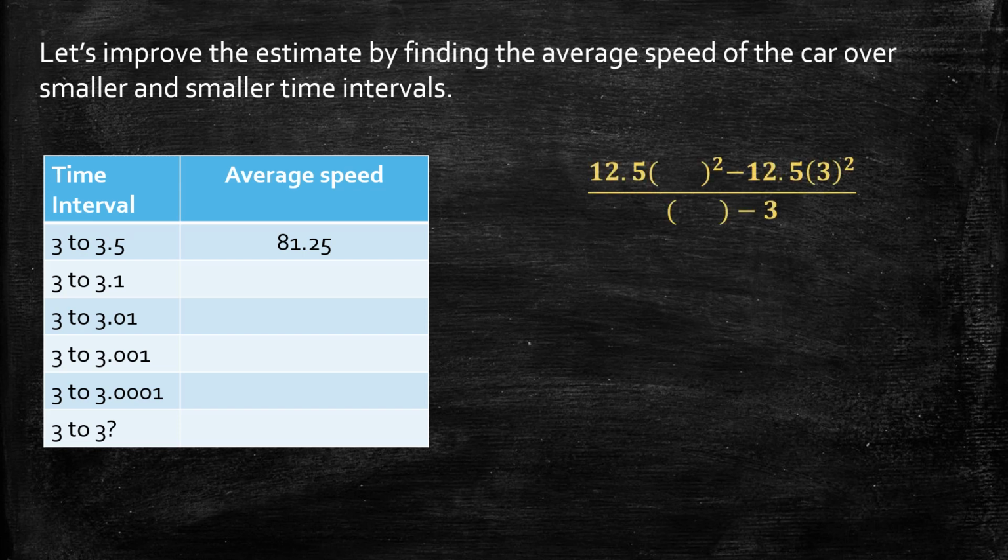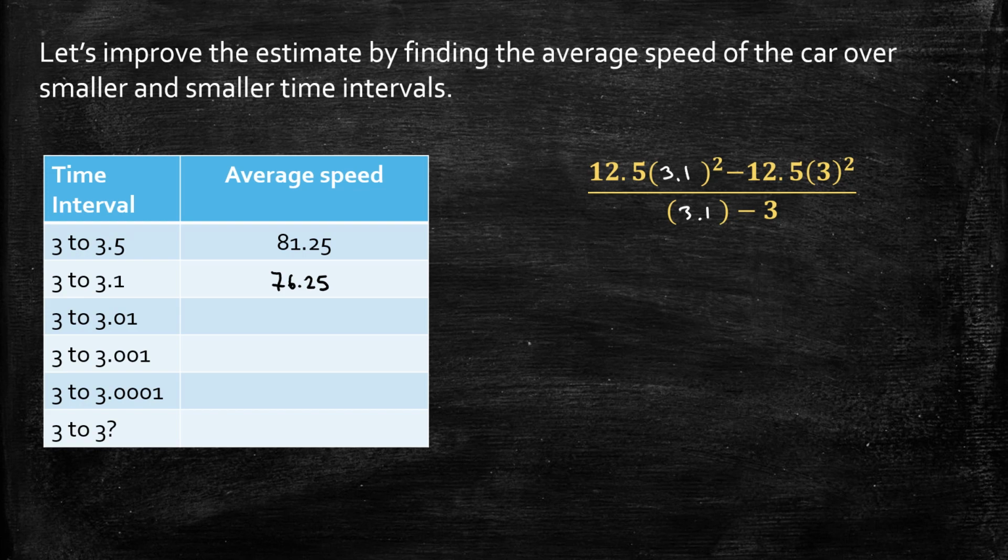So I'm just going to call up that formula, the slope formula, which also obviously gives us the average speed. And you will see that, for example, if we want to go from the time interval 3 to 3.1, we would put 3.1 into this position and here, and we'd calculate that, and you can do that on a calculator if you'd like to check, and it would come out to 76.25.